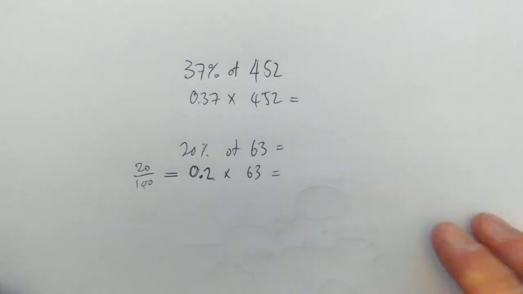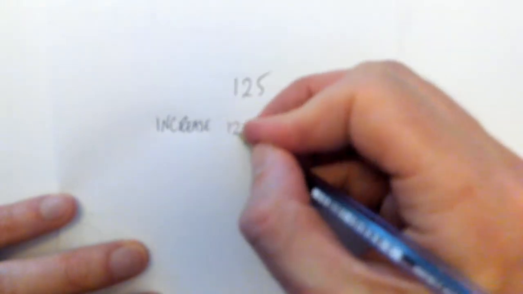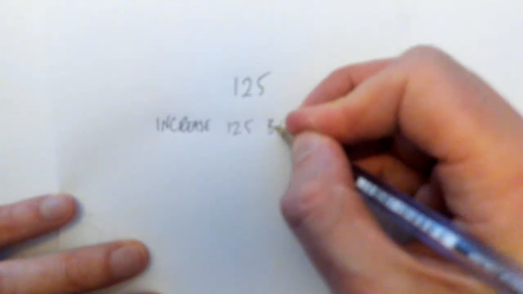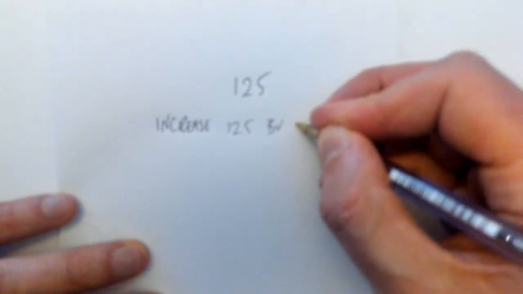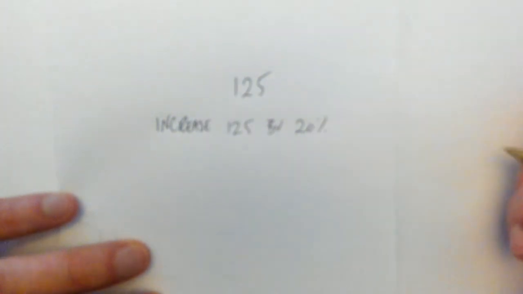So let's look at a different number now, and let's talk about that for a second. So if I've got 125, and I say to you, increase 125 by 20%. Okay?